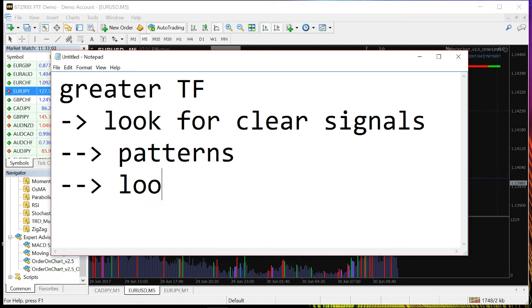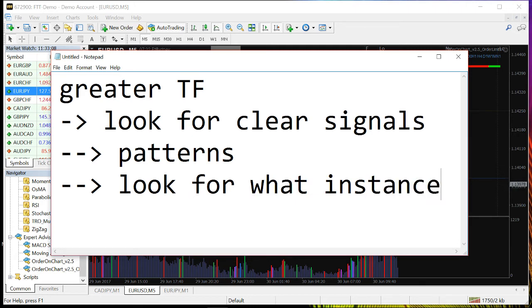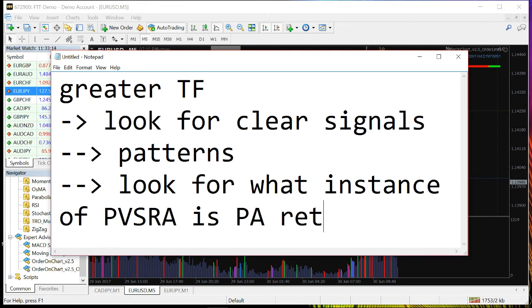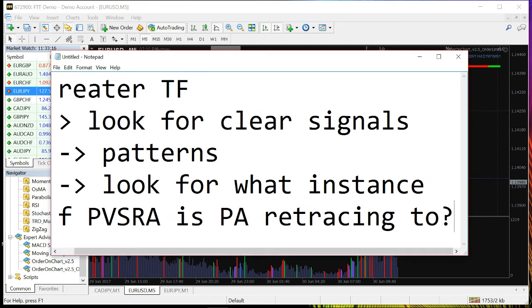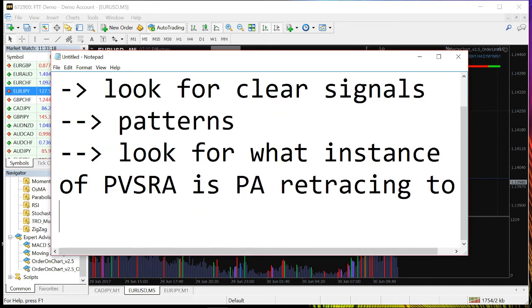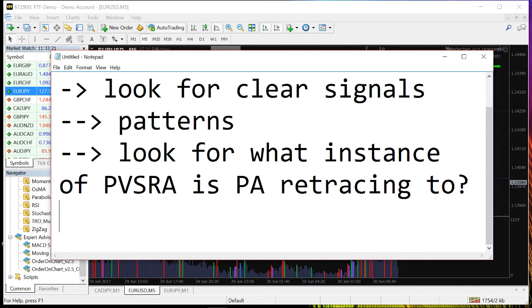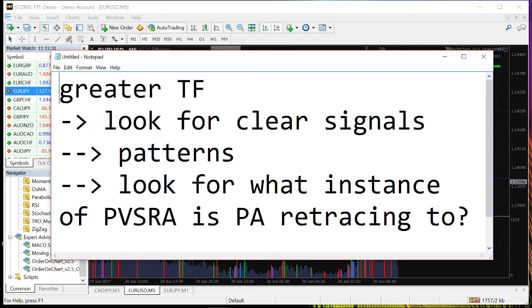Look for what instance of PVSRA the price action is retracing to. So look for that and try to find something very clear, very obvious that you can find on greater time frames. You can find it on M5, you can find it on M15.